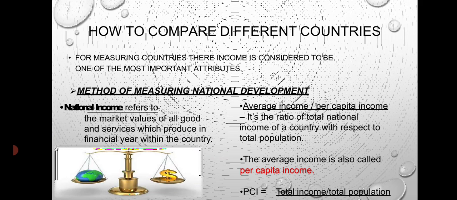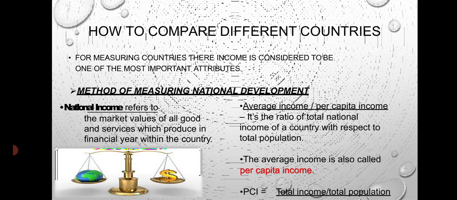Now, how to compare the different countries? Why do we say that America is a developed country and India is a developing country? There must be a criteria for it. And for measuring countries, income is to be considered as the criteria, national income. But national income differs from country to country. Then population also differs from country to country.